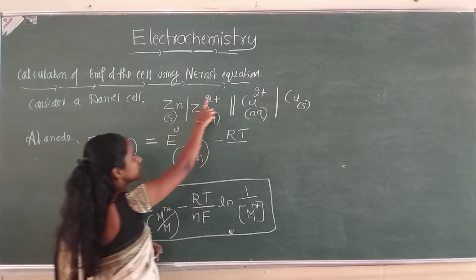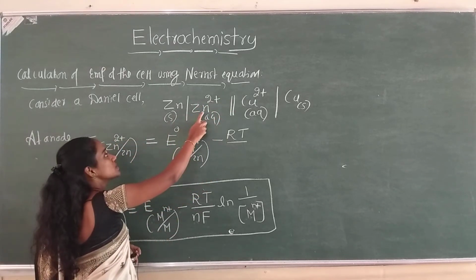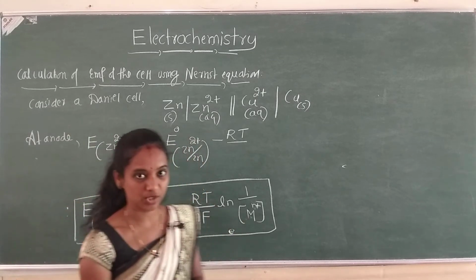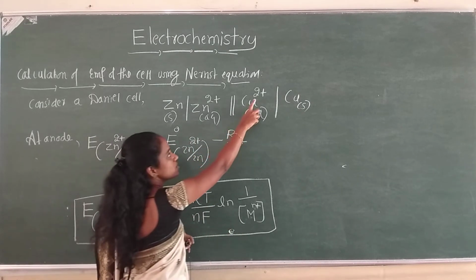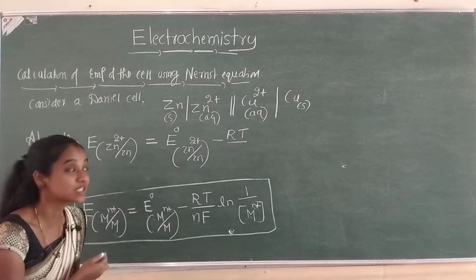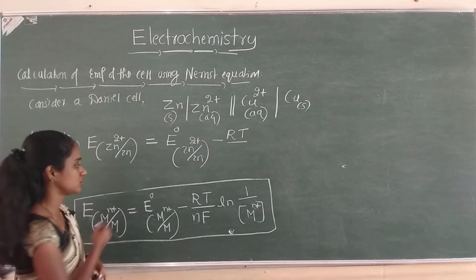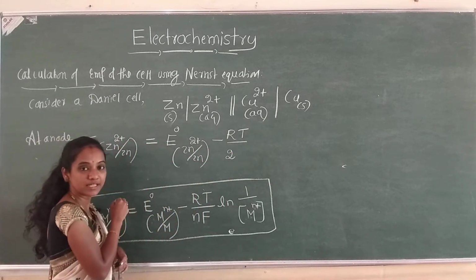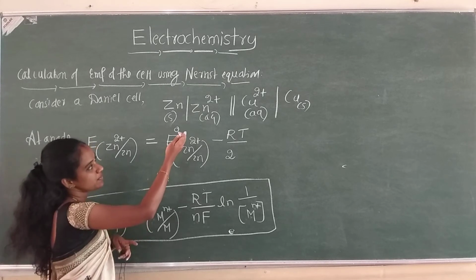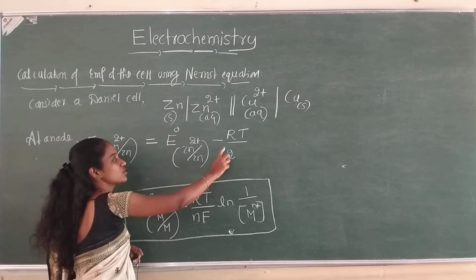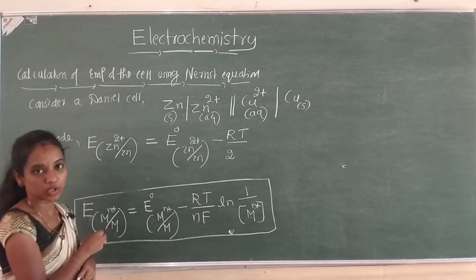You can see in the Daniell cell, zinc to Zn2+: how many electrons are transferred? 2 electrons. Similarly, Cu2+ to Cu is due to the acceptance of 2 electrons. So the number of electrons involved in the electrode reaction, whether oxidation or reduction, is 2.